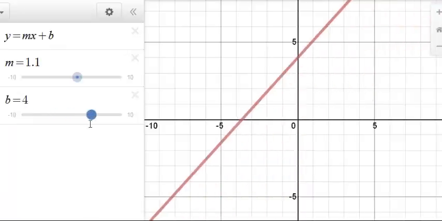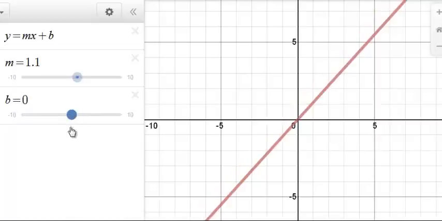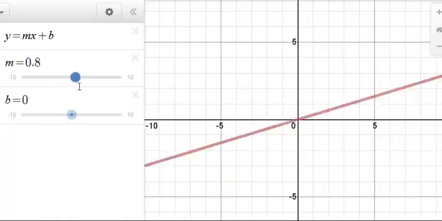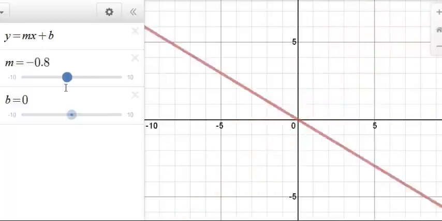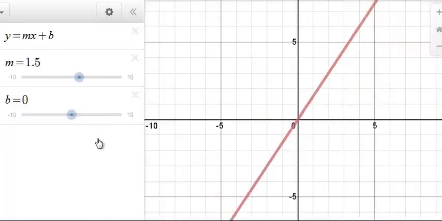And anything above, these are no longer direct variation because we don't have the point 0, 0. As soon as you get 0, 0 back on your graph, now we have direct variation. Okay? So direct variation, the rule is you have to have 0, 0 on your graph, and then your slope can be positive or negative.